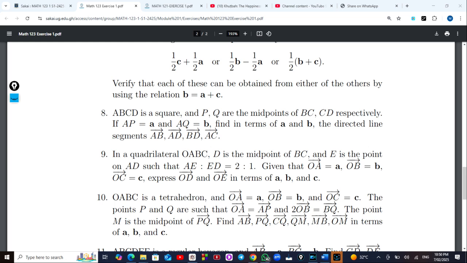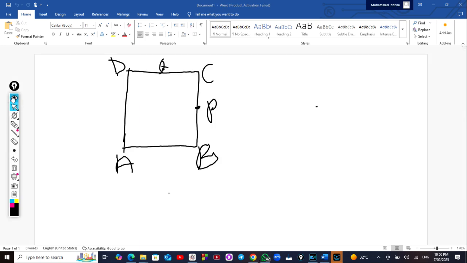Okay, if AP is equal to a and AQ is equal to b, so keep in mind that from A to P is a, and from A to Q is b.